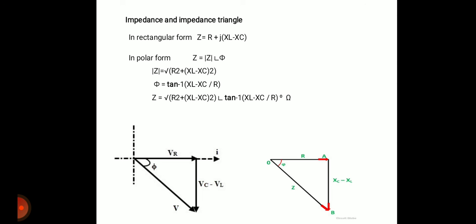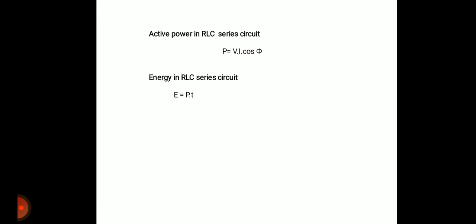If we divide VR upon I, we get R. If we divide V upon I, we get Z. And if we divide VC minus VL upon I, we get XC minus XL. So we get the impedance triangle from the voltage triangle by dividing each side by I.